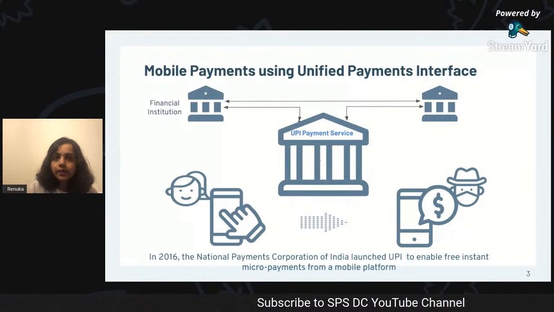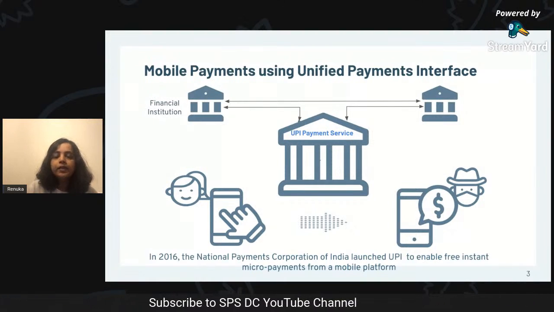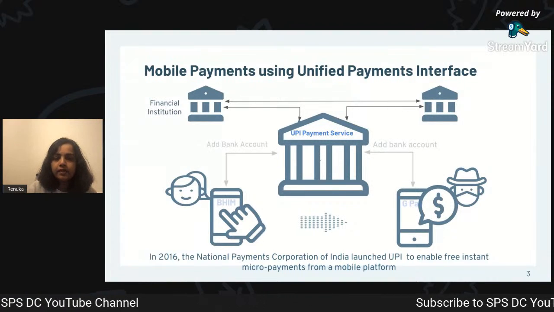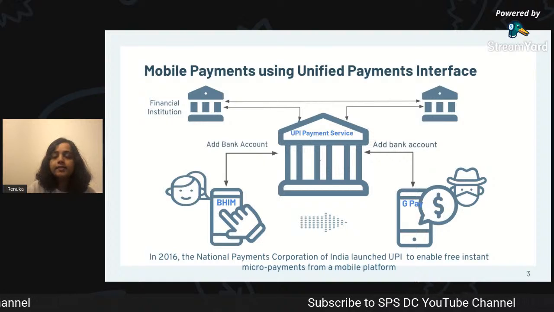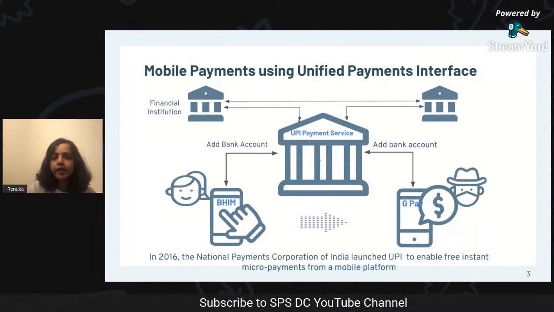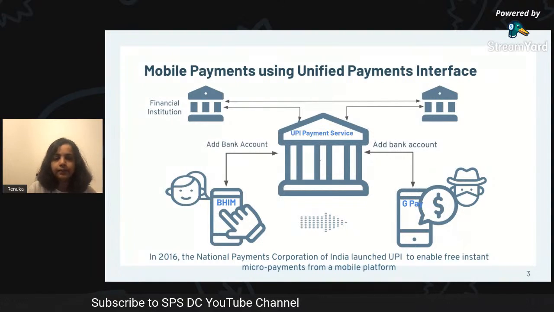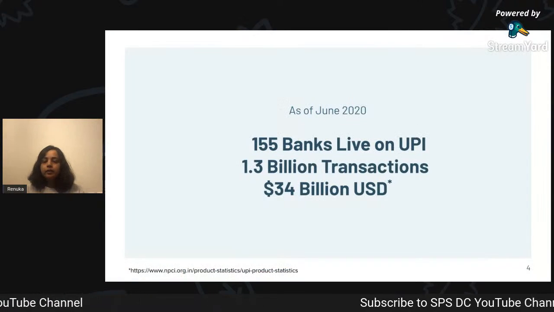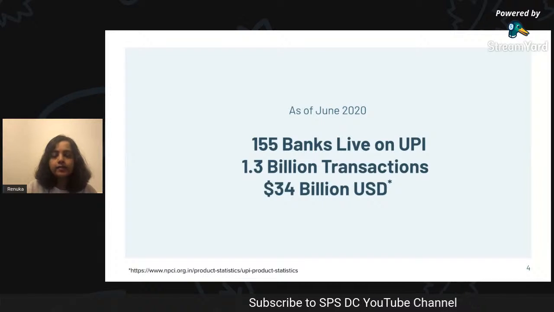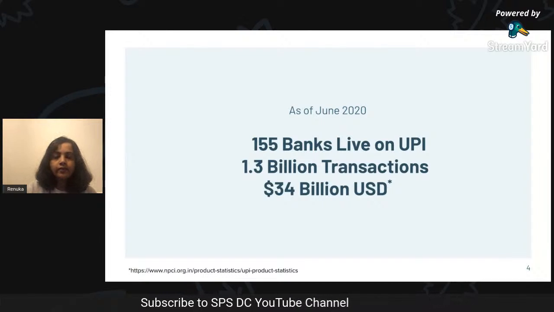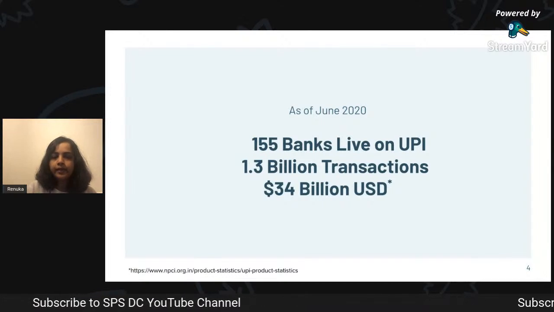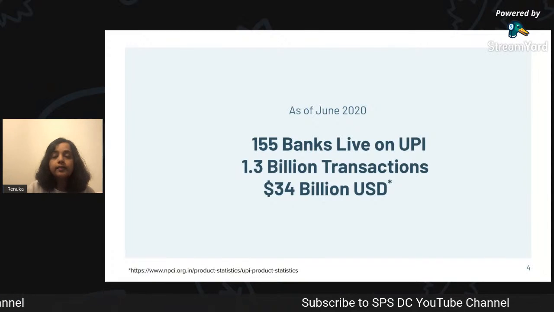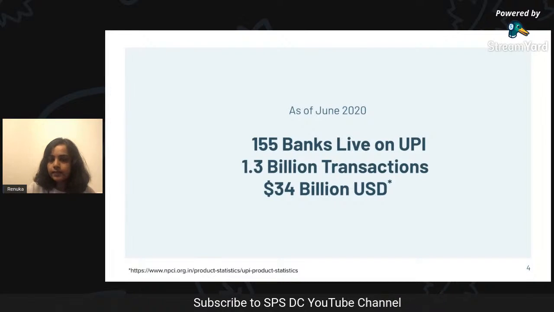Now, two users wanting to do a transaction can install any one of the UPI-enabled apps from Google Play Store and simply add their bank account to it to carry out a bank-to-bank transaction. UPI has found tremendous success, and as of June 2020, there are 155 banks live on UPI and it has carried out 1.3 billion transactions worth 34 billion US dollars.